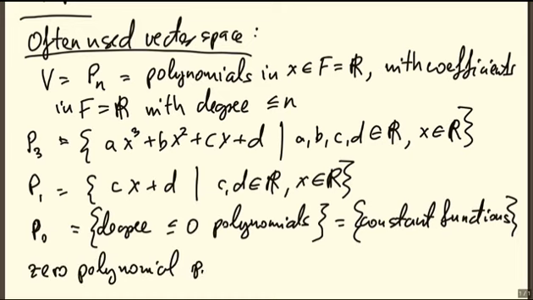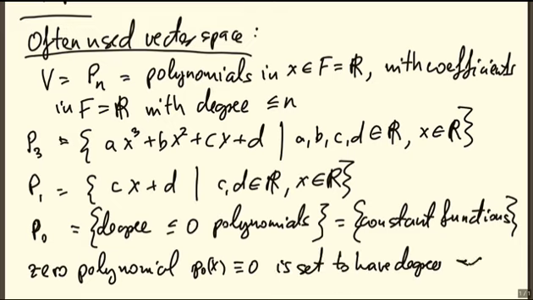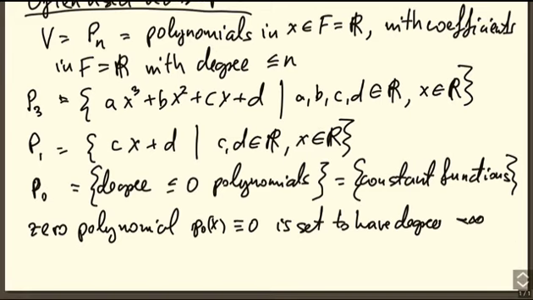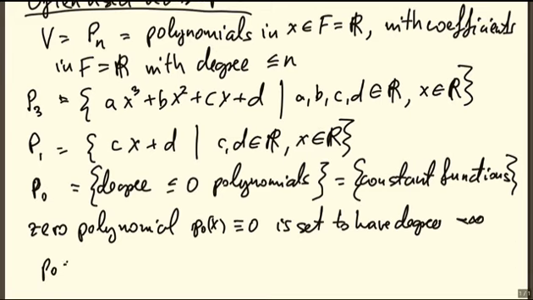Let me denote it with lowercase p0 of x. So this is just the identically 0. This is supposed to be in each of the polynomial vector spaces. And the way we can make this consistent is that we set its degree to minus infinity. And then what we have is that this p0 of x is in all Pn vector spaces.